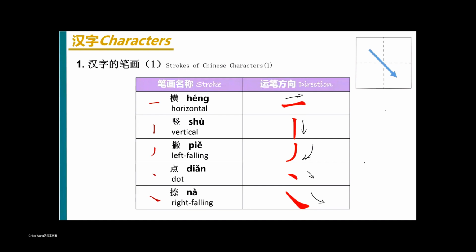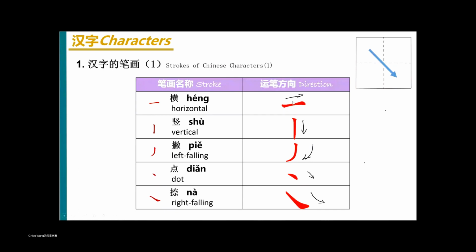Just like my blue signal is showing here. So for 横, from left top to right bottom, but 横 is a horizontal line, so there's no problem of top or bottom.